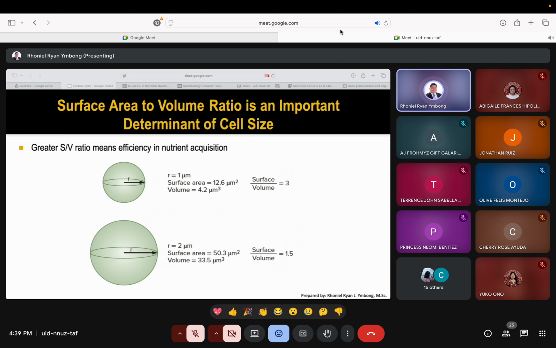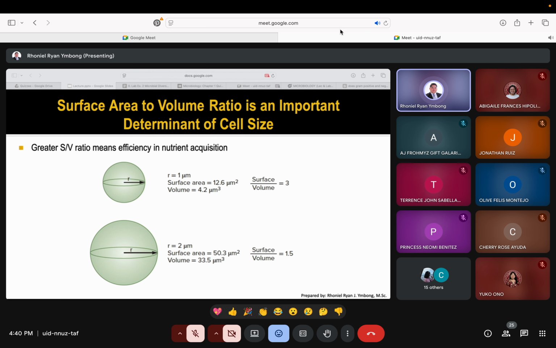So it has really something to do with the surface area and the volume. Why is that? If you have higher surface area than volume, you get efficient nutrient acquisition. Take note, the surface area of your bacterial cell is made up of the cell envelope, and one particular layer in your cell envelope is your plasma membrane or the cell membrane.